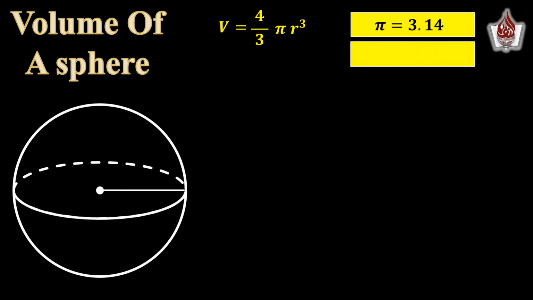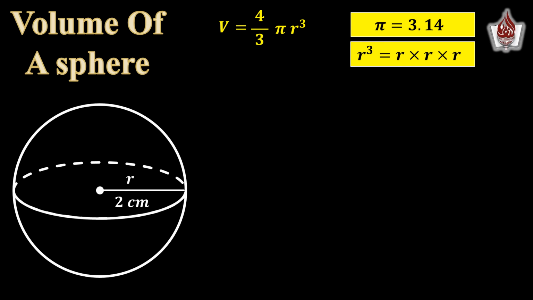R cubed means r times r times r. Remember, it's not equal to 3 times r. Now here in this example, the given radius is 2 centimeters.